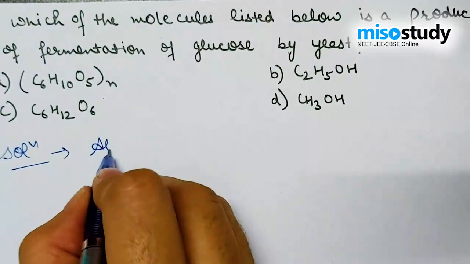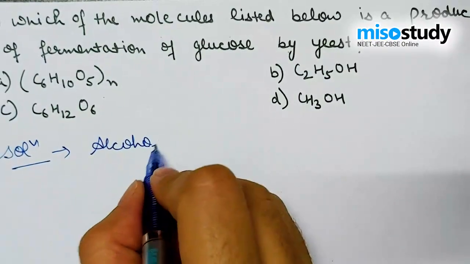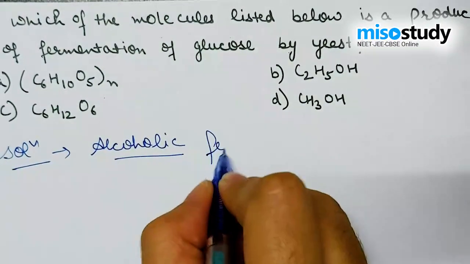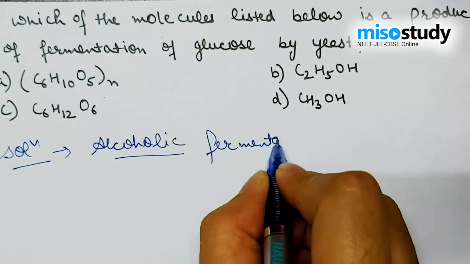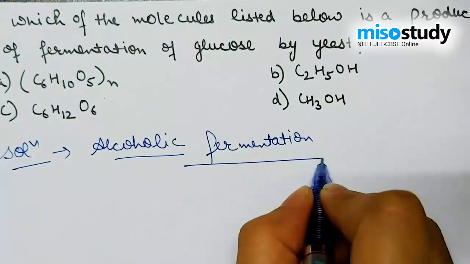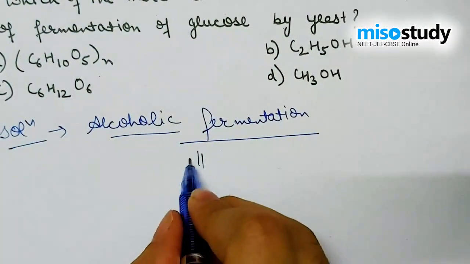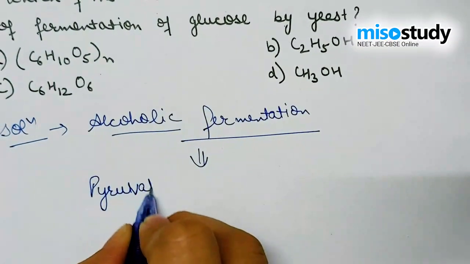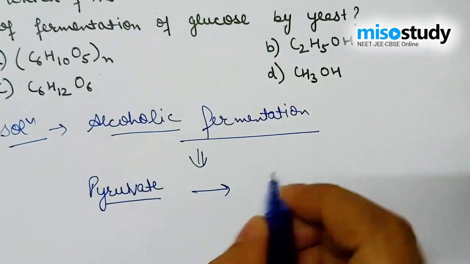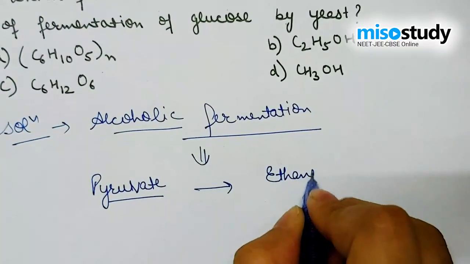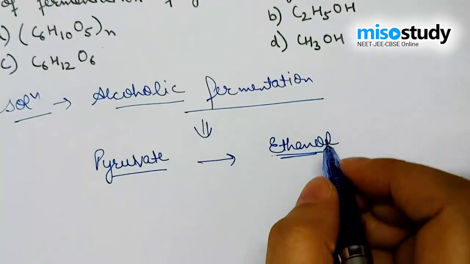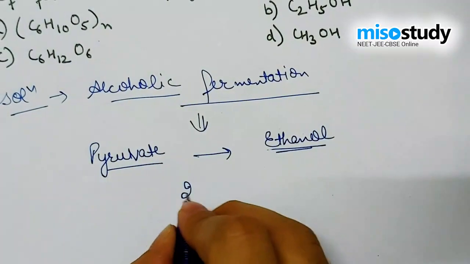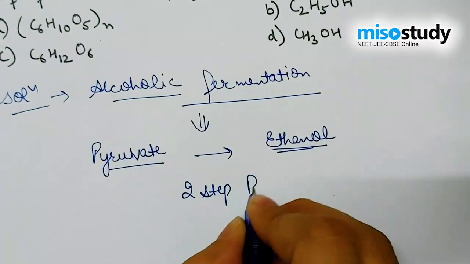When we discuss alcoholic fermentation, pyruvate is converted into ethanol, and that is generally a two-step pathway.